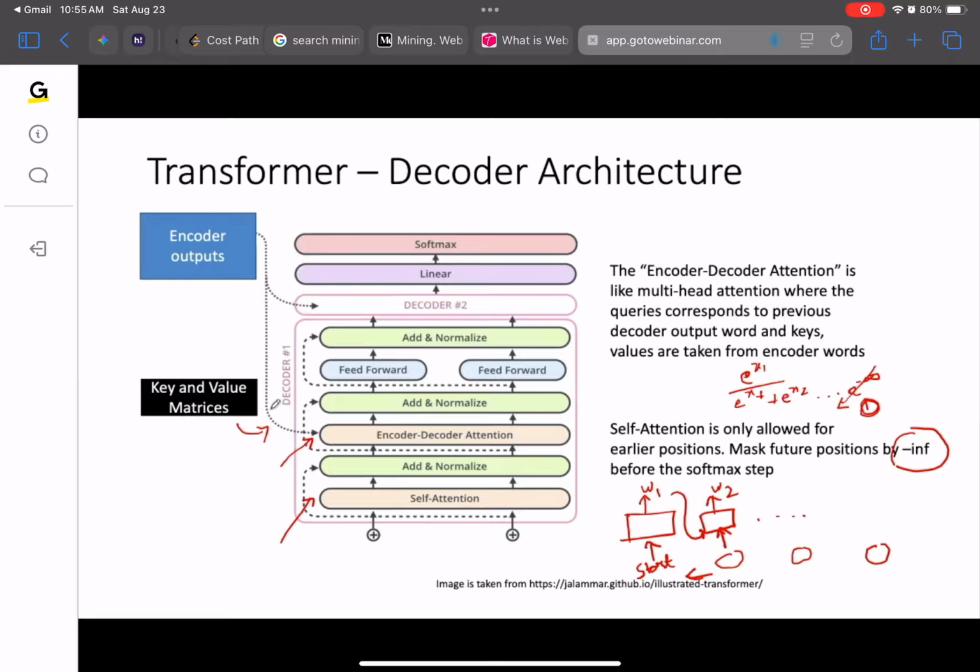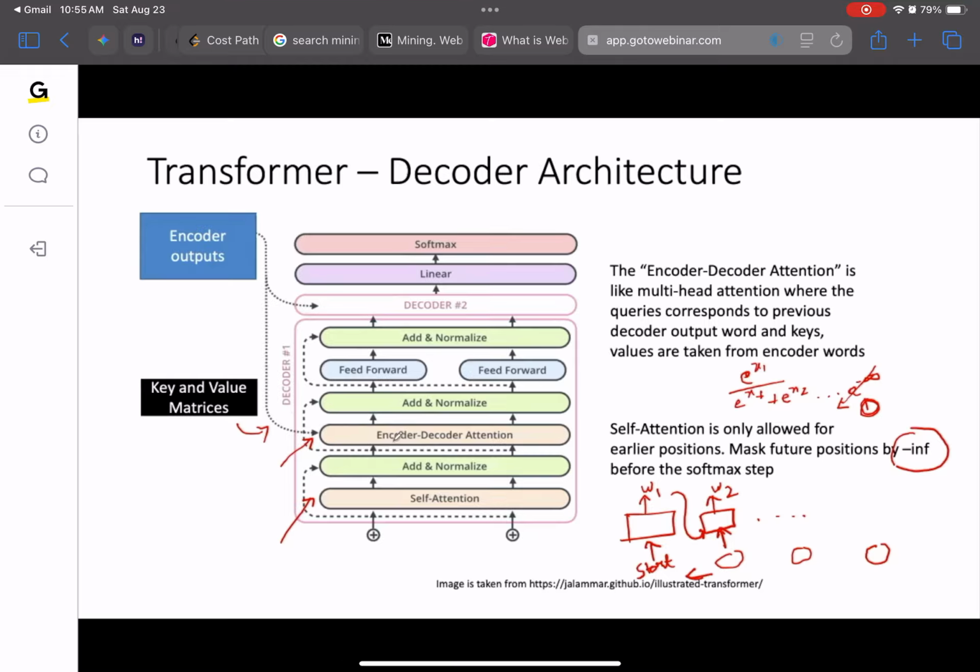Now, once we generate the keys and values, those are used to calculate this encoder-decoder attention. Previously, in the self-attention block, we have the key, value and query vectors for each word in our input. Here we don't do that. We have the query vectors only for the decoder words, and the key and value vectors are from the encoder outputs.